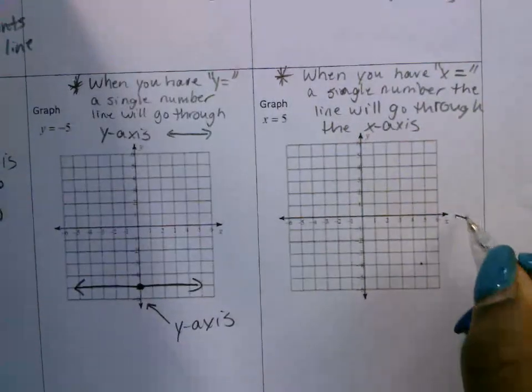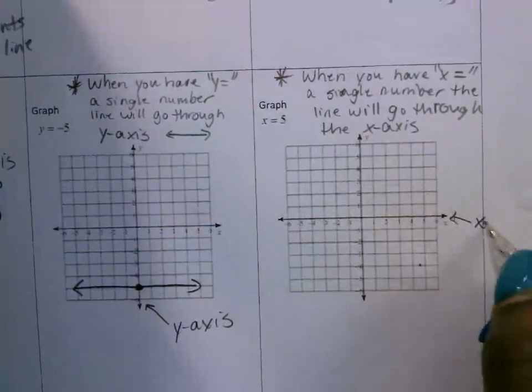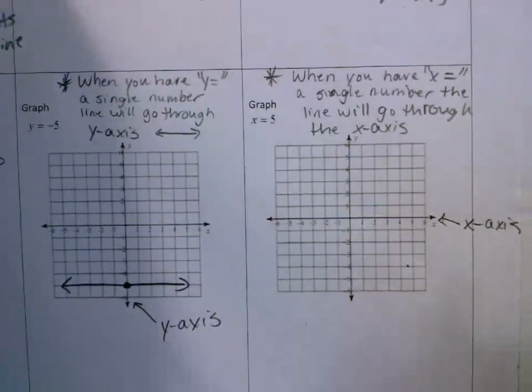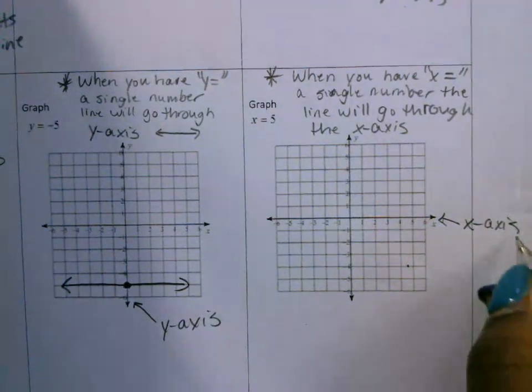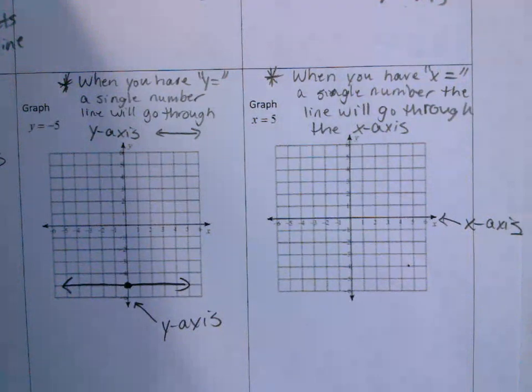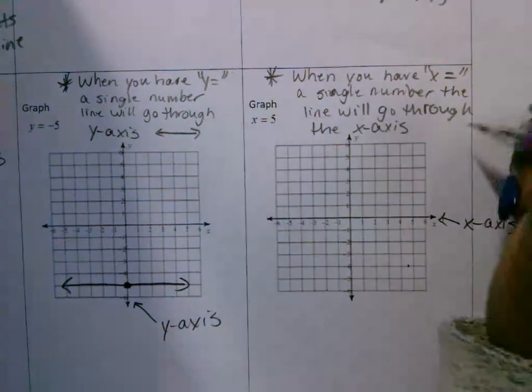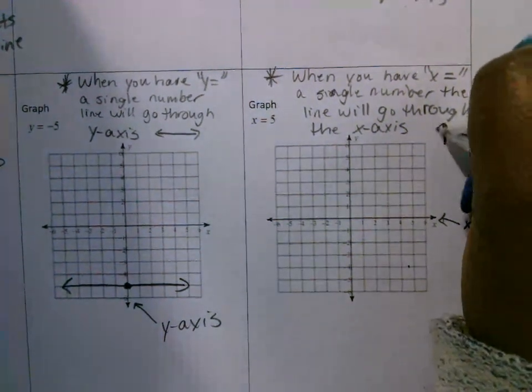This is the x-axis right here. So that means the line is going to go straight up and down.